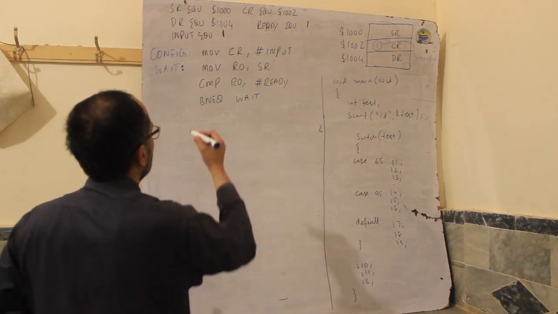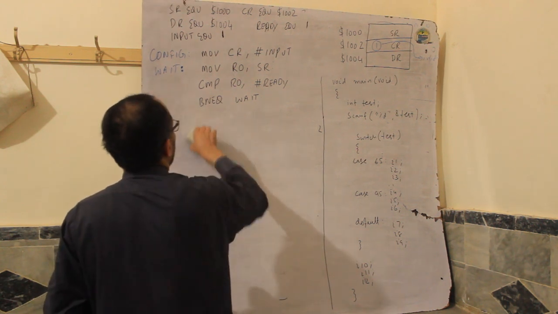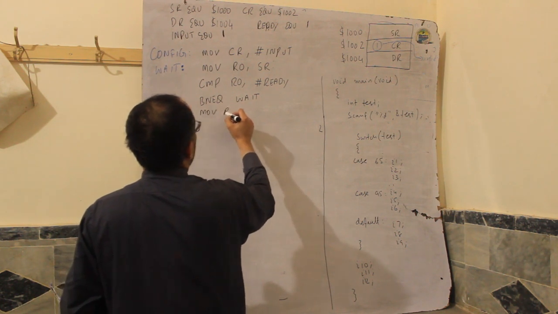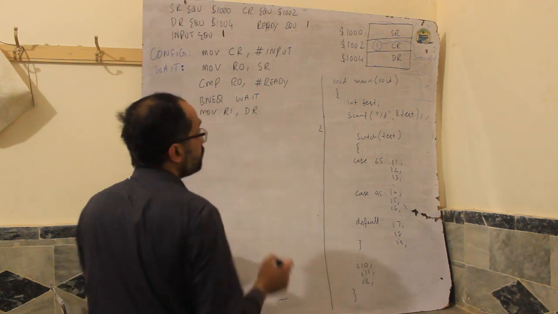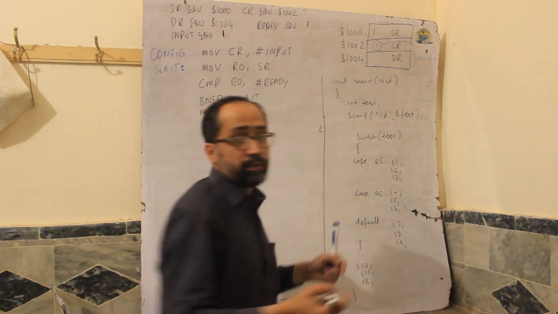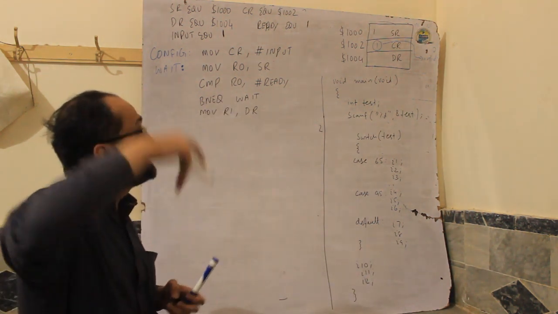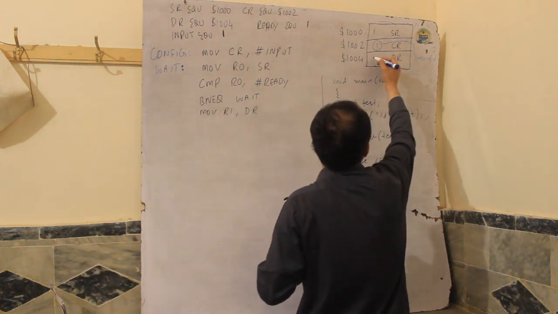Now we can move into some register R1, move R1 and data register. Actually, when this status register is 1, it means that some key has been pressed by the user. Let's assume that the user presses 65.